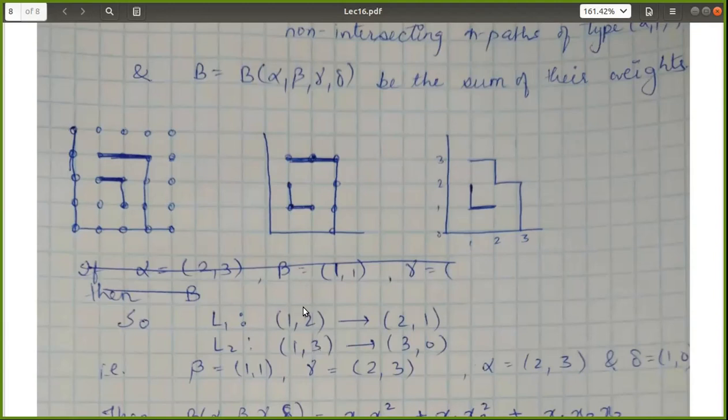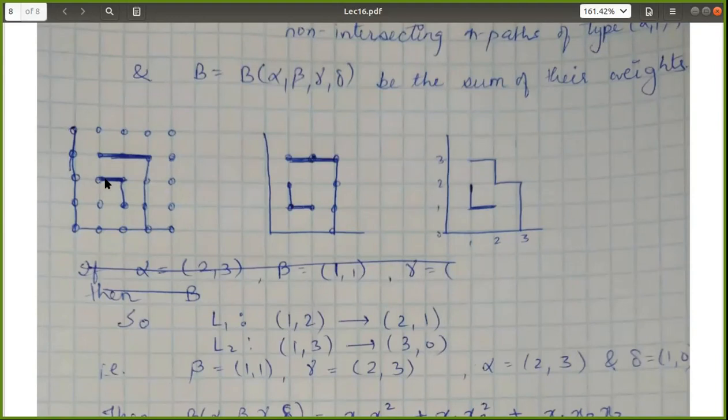Remember, the lattices go from beta I, gamma I to alpha I, delta I. So these are my beta I's, these are my gamma I's, these are my alpha I's, and these are my delta I's. With this notation, beta is my 1, 1, gamma is 2, 3, alpha is 2, 3, and delta is 1, 0.